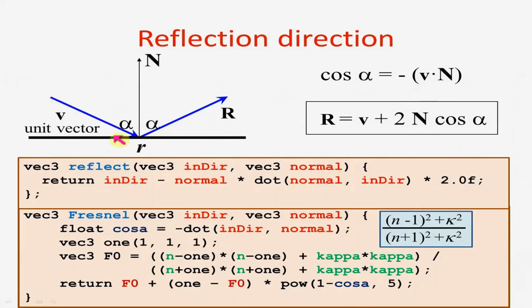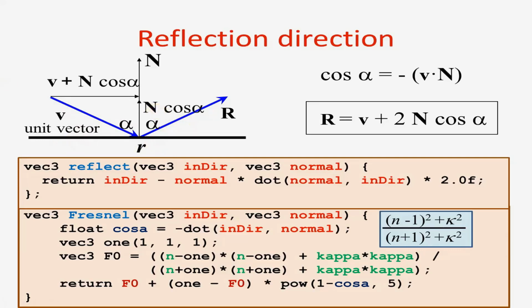So incident v is decomposed to a component parallel with the normal vector and another component which is in the same plane as the other two vectors, which is perpendicular to it. The length of the parallel component is the projection of v onto n, which can be obtained with the dot product.